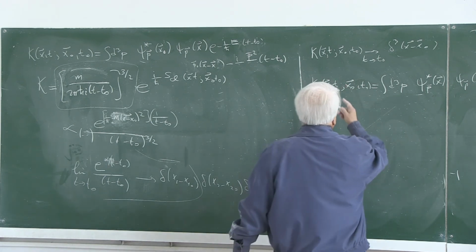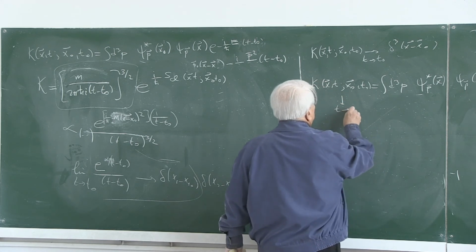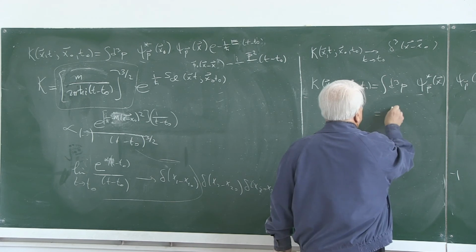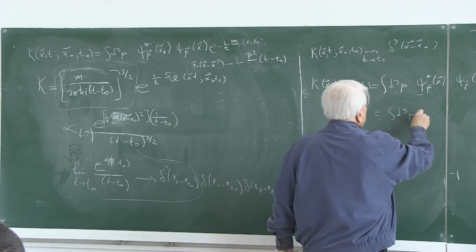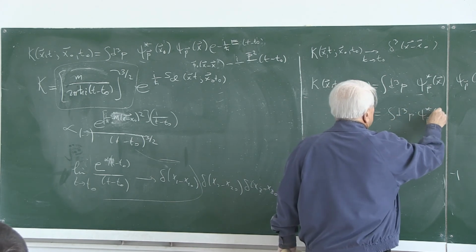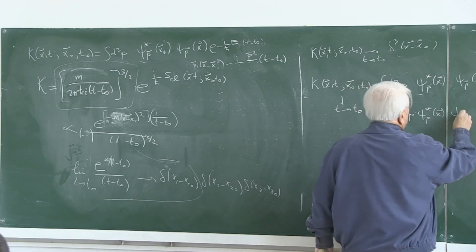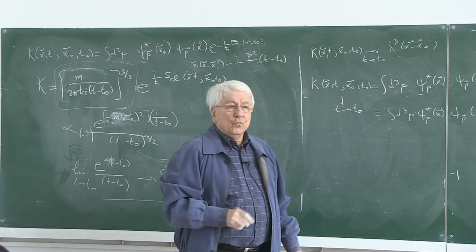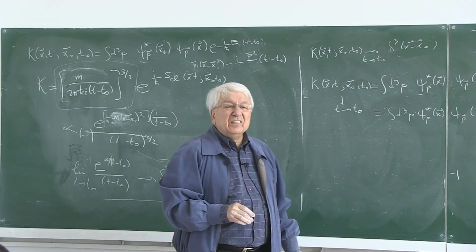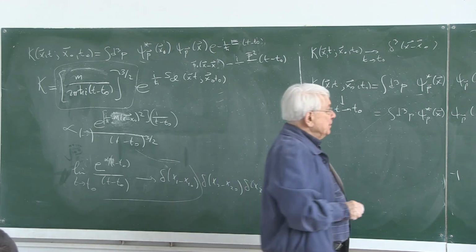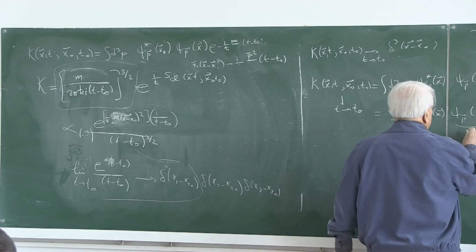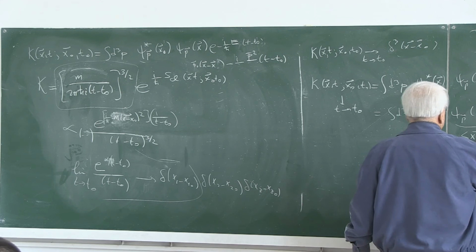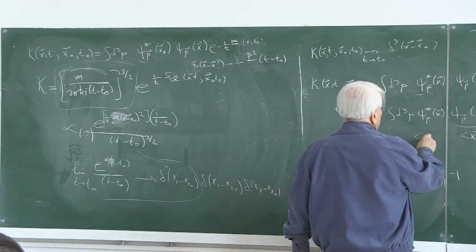What is the expression when t goes to t0? On the right-hand side, I have dq p psi p star x psi p of x0, formally, independent of the details of the explicit expression. What was this? This was x0 p, and this was p x.